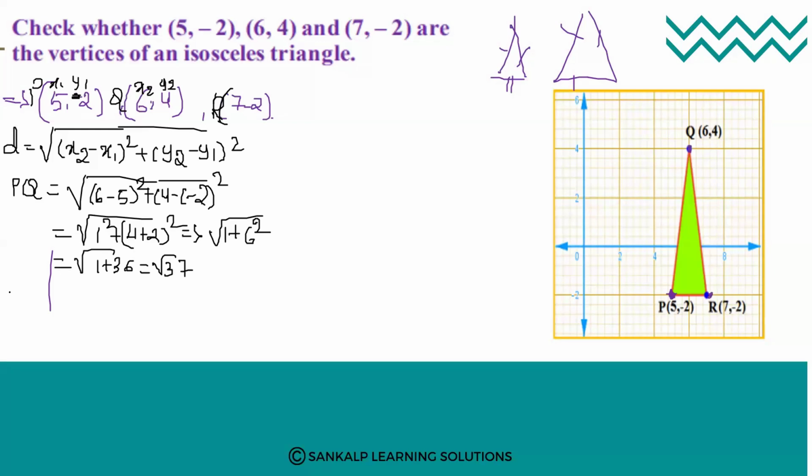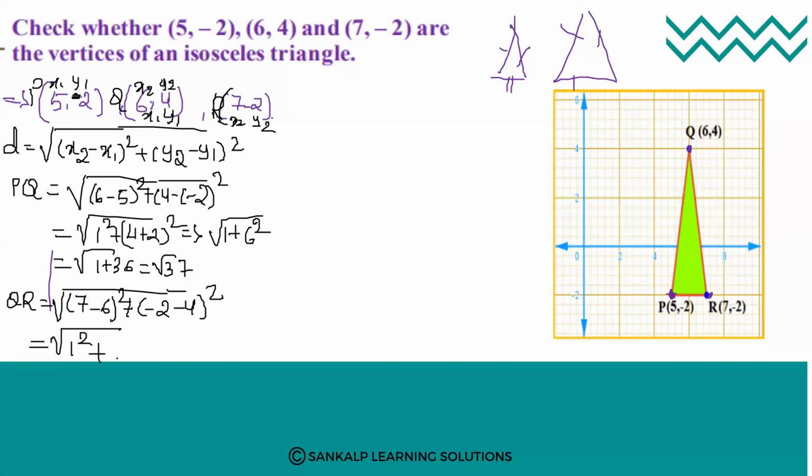Now calculate the value of QR. If you consider QR, this is x1, y1 and this is x2, y2. Now x2 is 7 minus 6 whole square plus y2 is -2 minus 4 whole square. 7 minus 6 is 1 square plus -2 minus 4, this is -6 whole square.